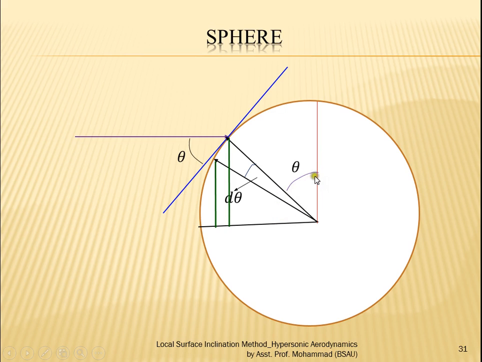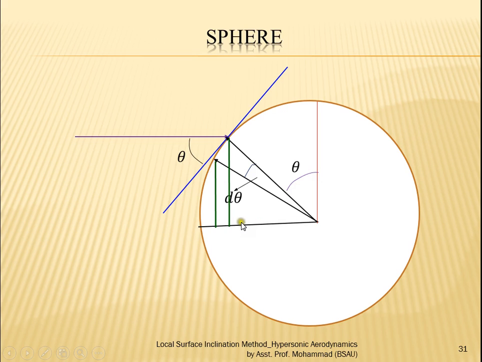When it is 0, it will be here. When it becomes pi by 2, it will be here. And this is a ring. So the entire frontal half surface will be covered when theta varies from 0 to pi by 2, unlike the case of the cylinder where theta was varying from 0 to pi.